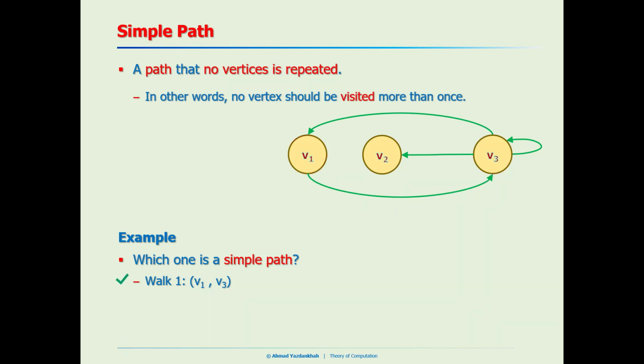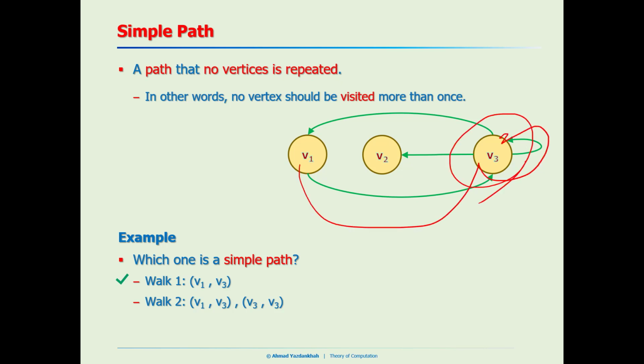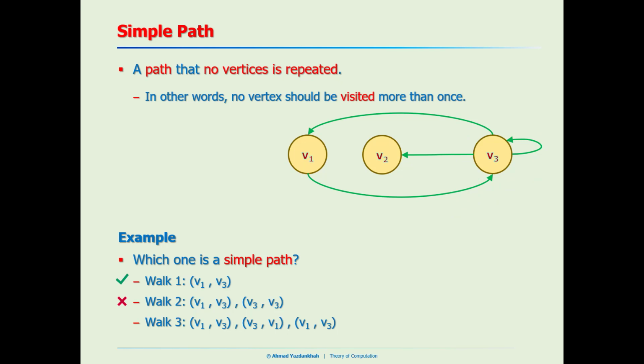How about V1 to V3 and V3 to V3? And you see that this vertex is visited twice. So this is not a simple path. And the third one, V1 to V3, V3 to V1, and V1 to V3 again.